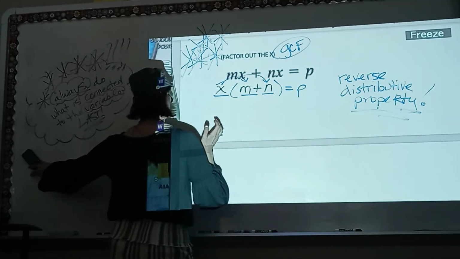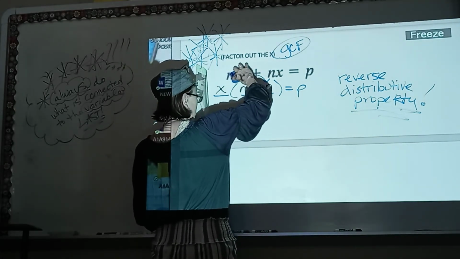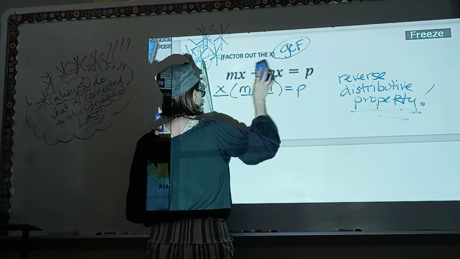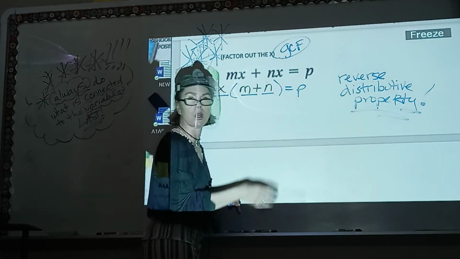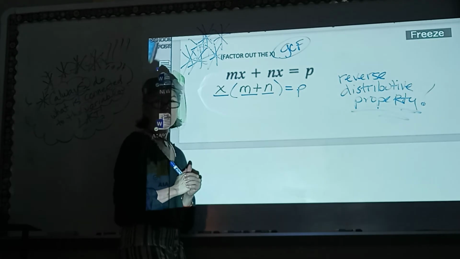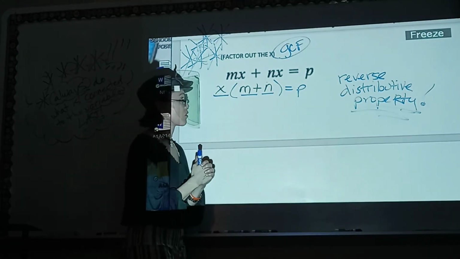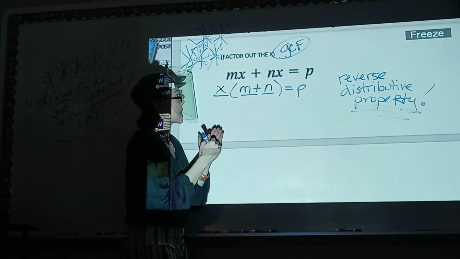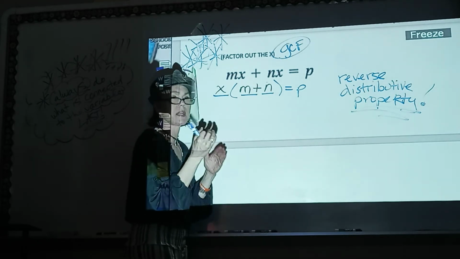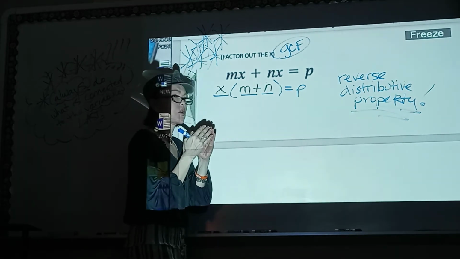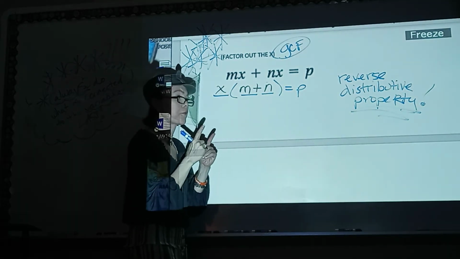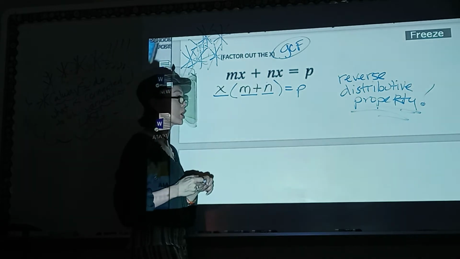Okay, I know this is way far advanced. This is supposed to be third quarter stuff, but it's okay. We're doing it in the now, okay? So that's why I call it the reverse distributive property. We're factoring out the x, what those two terms have in common, and you only do this when you see the variable that you're solving for more than once. I hope you heard what I just said.